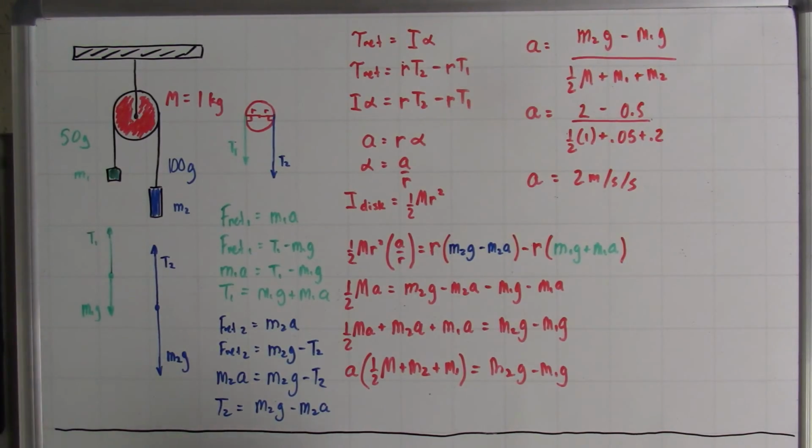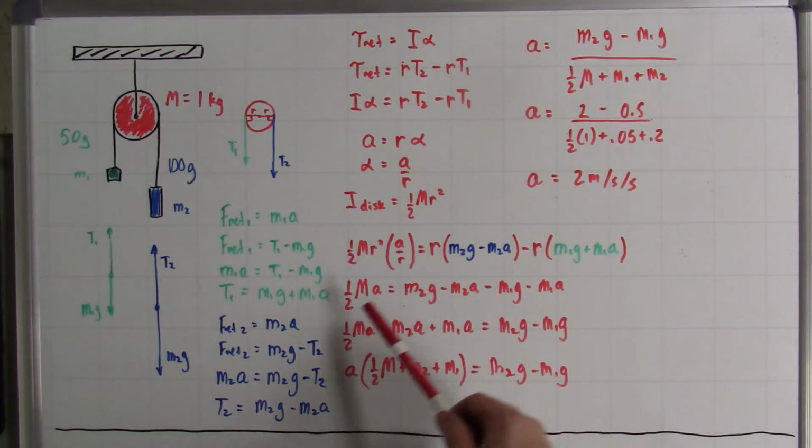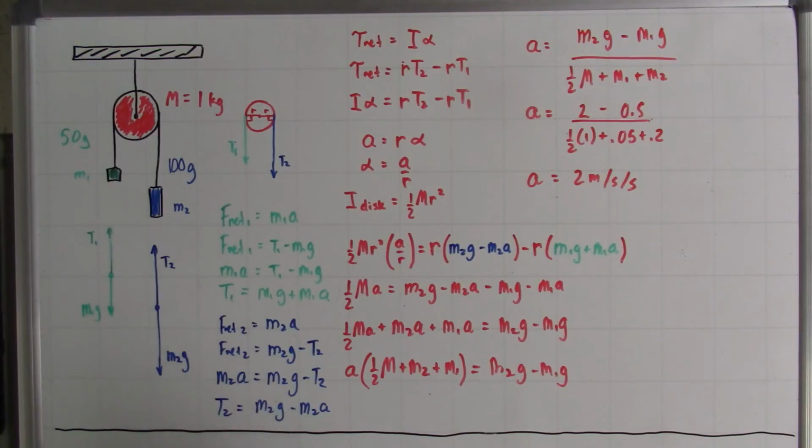The last thing it asks us to do is to solve for the tensions in the strings. Well, what's nice is I have a statement for tension here and a statement for tension here, and if I know the acceleration, I can go back and plug in here and we can get those values. So let's reset.